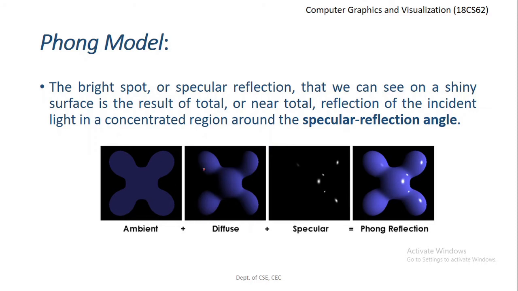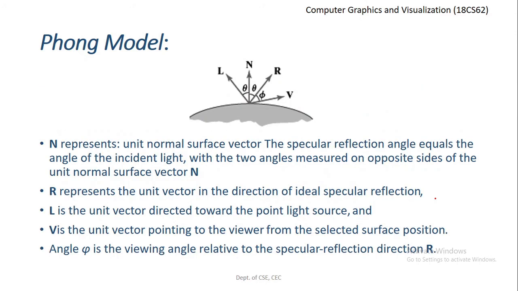Whereas when it comes to the specular reflection, we have regions or spots on a given surface where there is total or near total reflection of the incident light. This amount of specular reflection depends upon the specular reflection angle. Taking into account these three types of reflection, we have a model called the Phong reflection model.